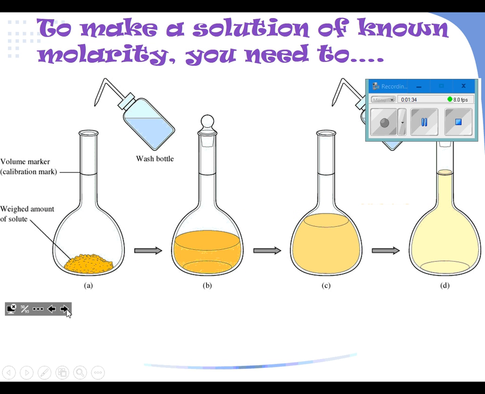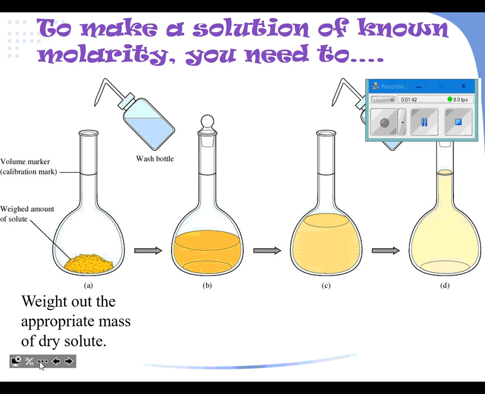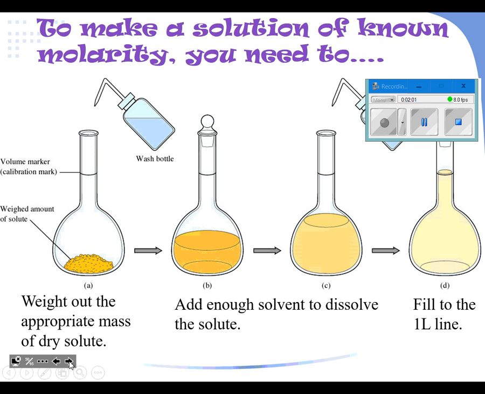So to make a solution of a known molarity, you need to have a weighed amount of solute. Then you're going to have a volume marker on a certain volumetric flask. After you have the weighed out amount of the appropriate dry solute, then you'll add enough solvent to dissolve the solute. And then you'll fill it to the appropriate line.